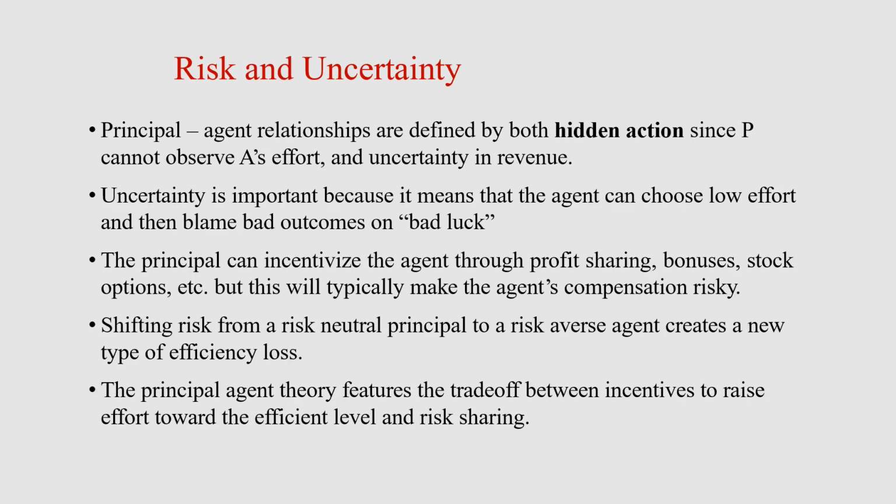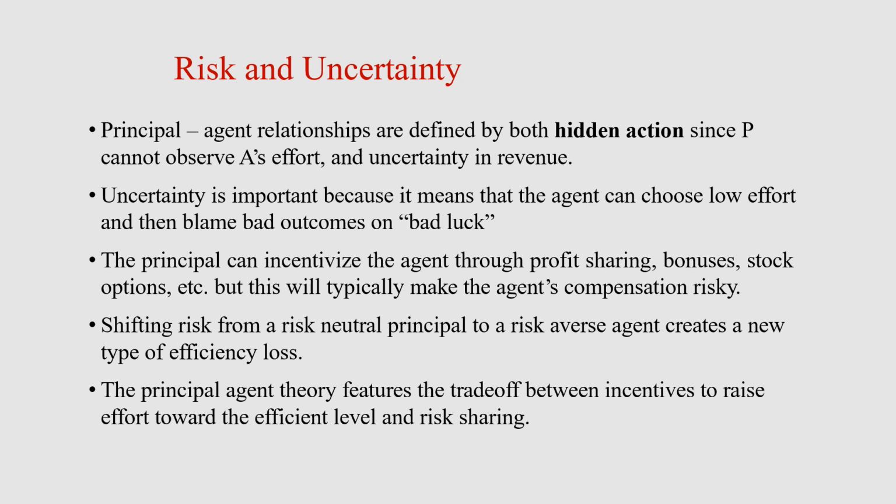Now, if we look at risk and uncertainty, the principal-agent relationships are defined by hidden action, since the principal can't observe the agent's effort. And the principal doesn't have any incentive in many cases to observe and monitor the effort. And there's uncertainty in revenue. Uncertainty is important because it means that the agent can choose low effort and then blame bad outcomes on bad luck.